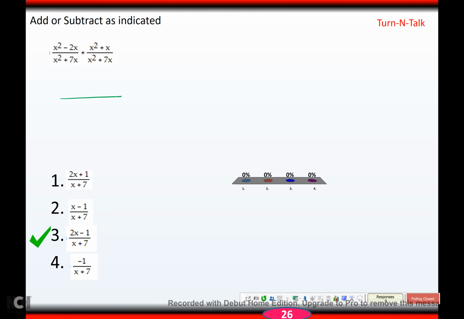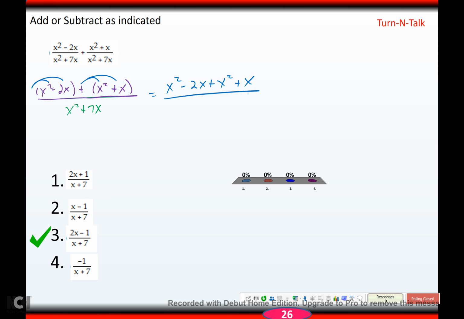My denominators match, so I can keep the denominator and do the math on top, which says this polynomial, x squared minus 2x plus x squared plus x. So now if I clean it up, distribute a nothing, distribute a positive, I get x squared minus 2x plus x squared plus x all over x squared plus 7x.